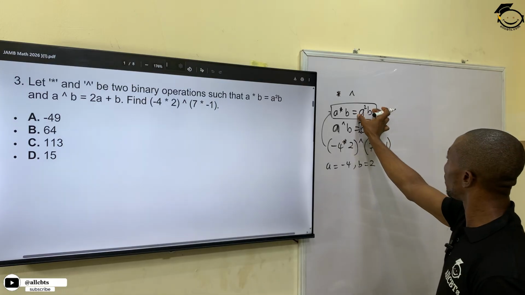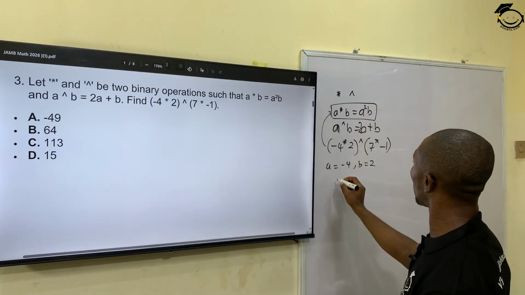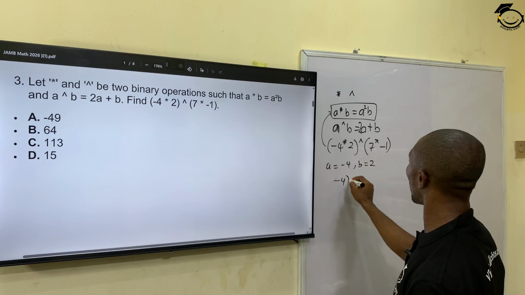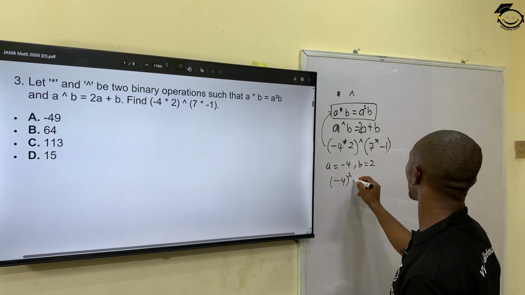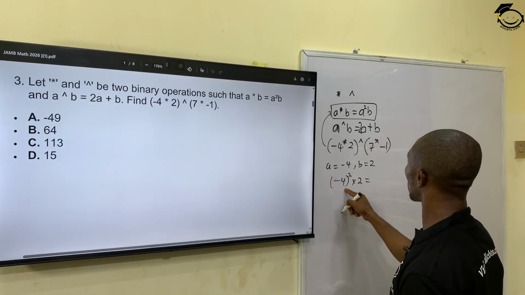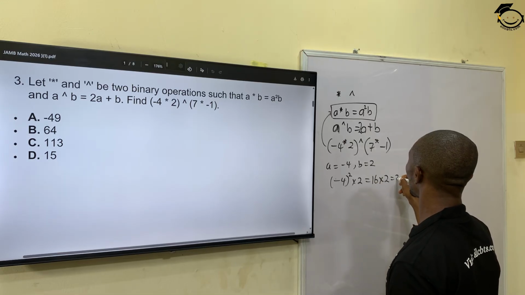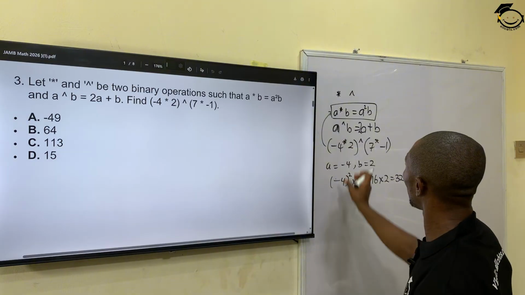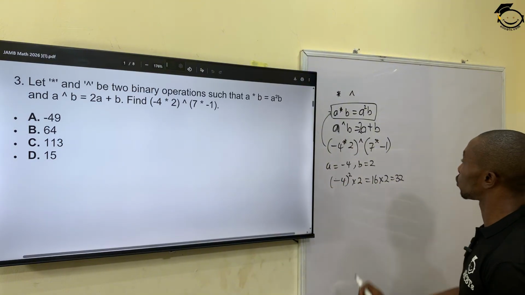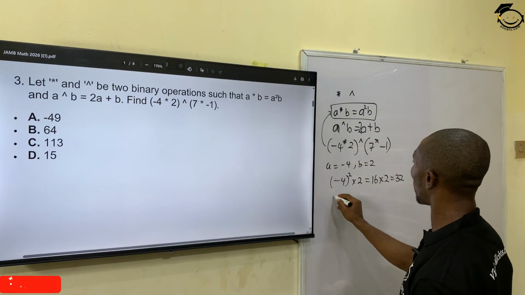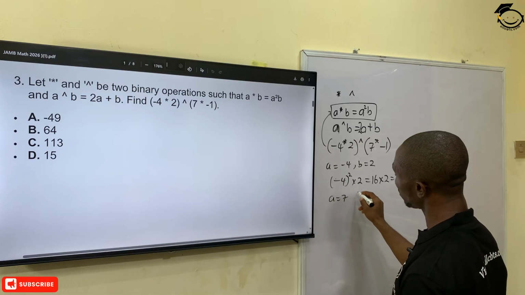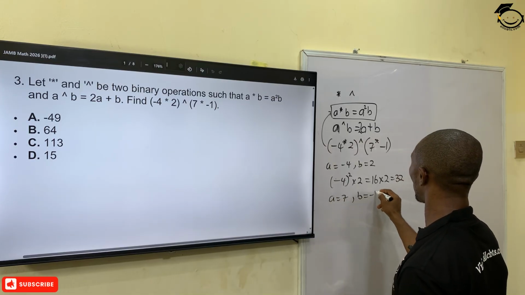So putting it in here, this becomes minus 4 squared times 2, which is 16 times 2, which will give us 32. So for the first bracket, we have 32. And for the second bracket, our A will be 7, and our B will be minus 1.